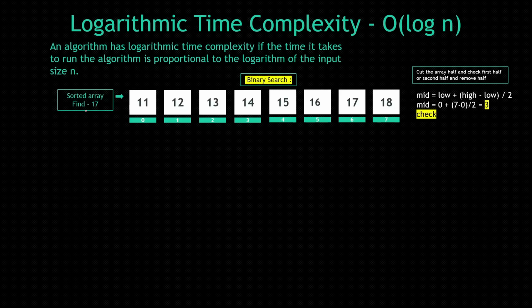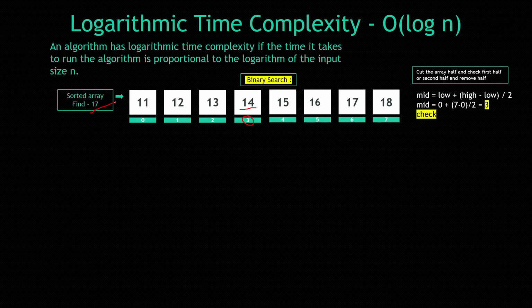If our search item is greater than the middle index value, then we need to remove the left items and check the rest of the items. If our search item is less than the middle index value, then we need to remove the right portion and check the left portion only.